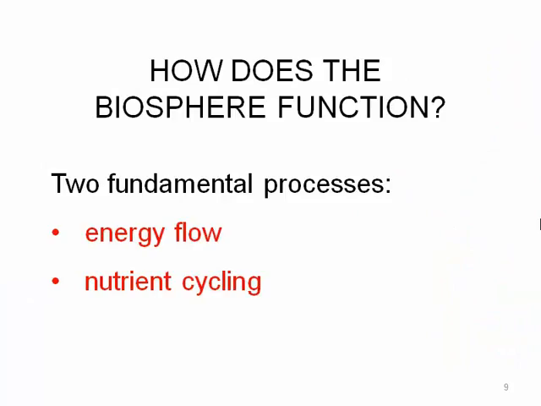So now we turn to the question of how the biosphere functions. Again, the living portions of the Earth have two very fundamental processes. They engage and support energy flow and also nutrient cycling. And we'll consider each of these.